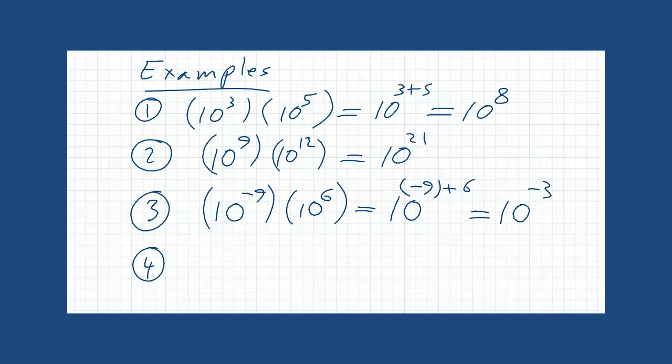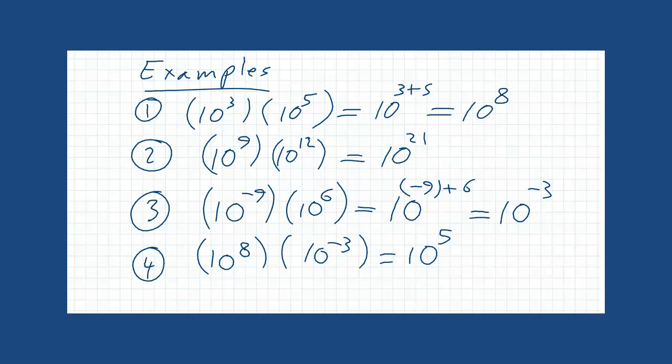Example 4, 10 to power 8 multiplied by 10 to power negative 3. This will give us 10 to power 8 plus negative 3, which is 10 to power 5.